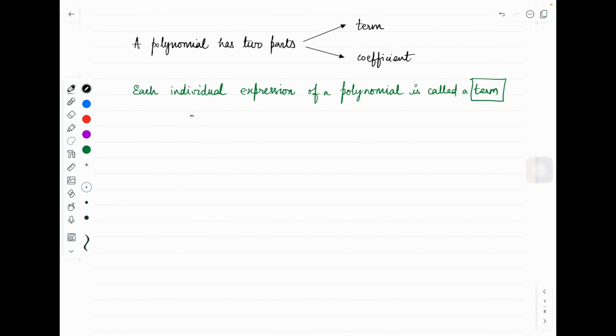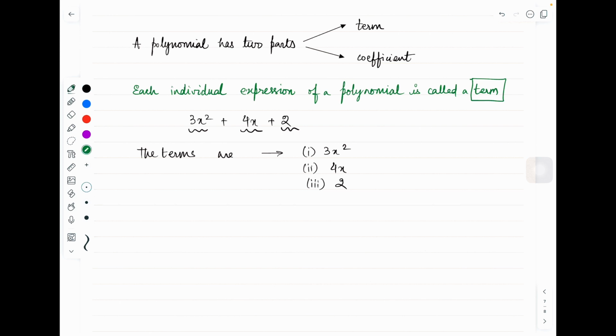In this expression 3x square plus 4x plus 2, the terms are: first term is 3x square, second term is 4x, third term is what? 2. Each individual algebraic expression in a polynomial is called a term. You are getting it?